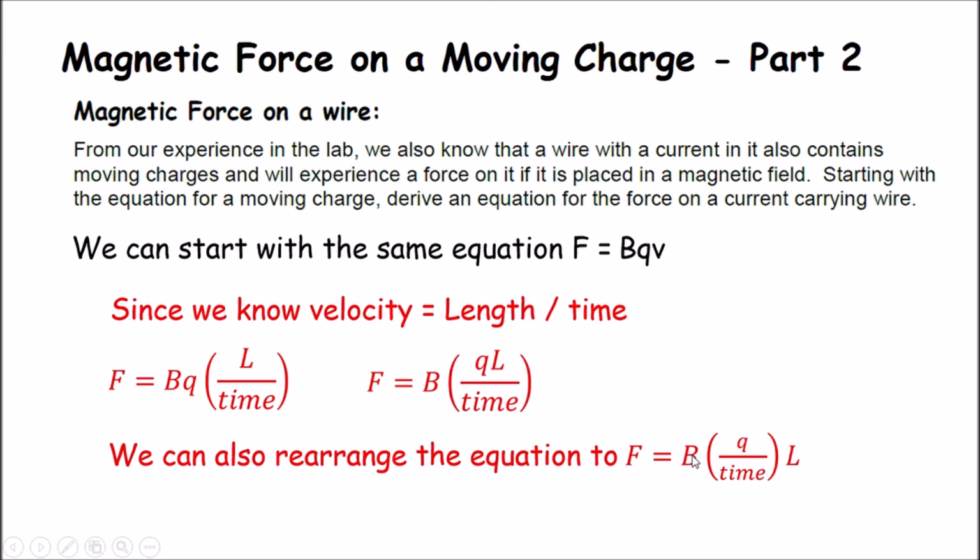So I got B equals Q over time times L. So it's all just algebra so far. All I've done is, instead of velocity, I'm using length over time for velocity. Nothing fancy there. So let's move on.